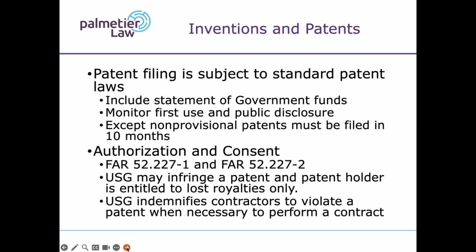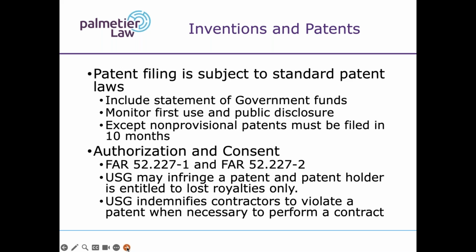The patent holder is only entitled to lost royalties. And you have to sue the government, because if the contractor violates a patent, the government steps into the shoes of the contractor and indemnifies the contractor. So for those of you who may or may not read every clause on the contract, these are two very important clauses, because one, it allows you as the government contractor some freedom in doing R&D with regard to other companies' patents.